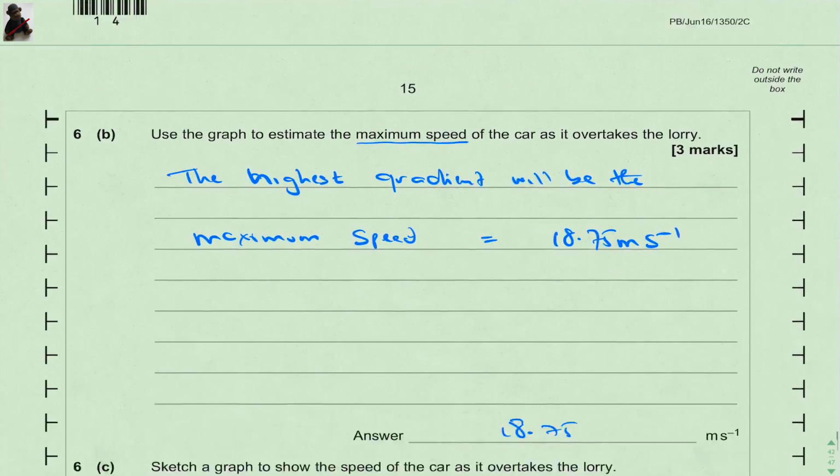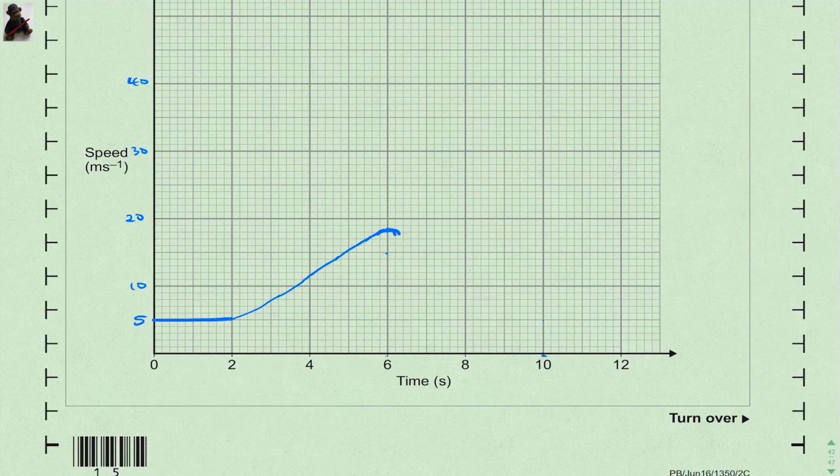We go back to the graph. We know now between 10 and 12, it's a constant speed of 7.5. So that's 5, 6, 7. So that's 7.5. That's a constant speed. And now let's just draw a thick line. Oh, it doesn't like that. Oh, I'll draw another thick line. My hand is kind of shaky. There you go. And now we can draw our curve to meet that line.